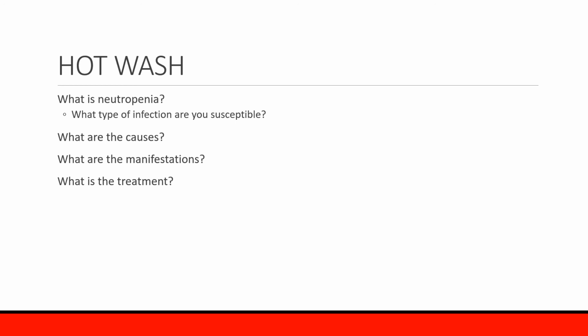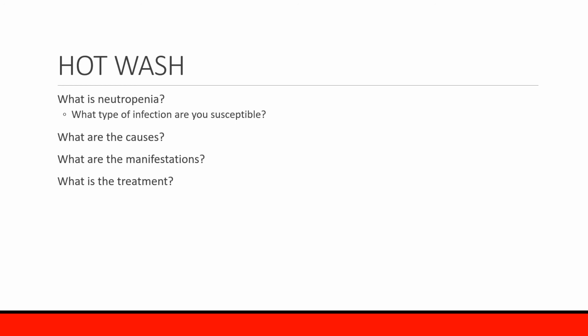So I didn't make a mistake in my pronunciation there. The normal value is 2,000 to 7,000 cells per microliter, and neutropenia is defined as fewer than 1,500 cells per microliter.